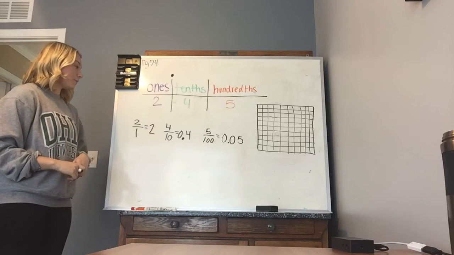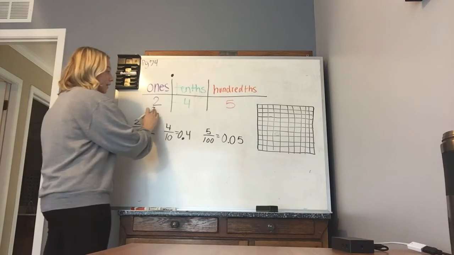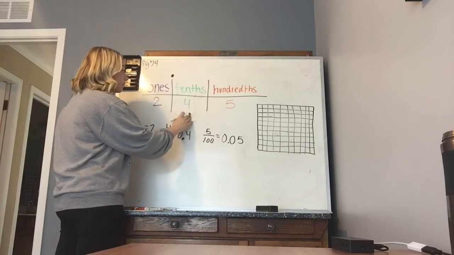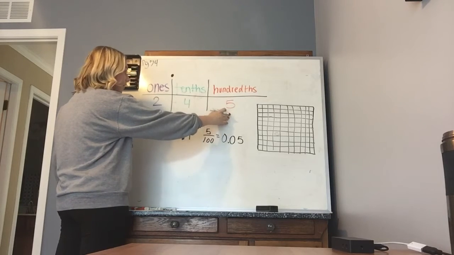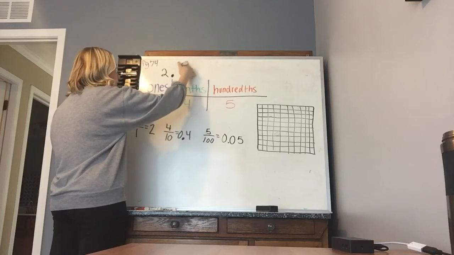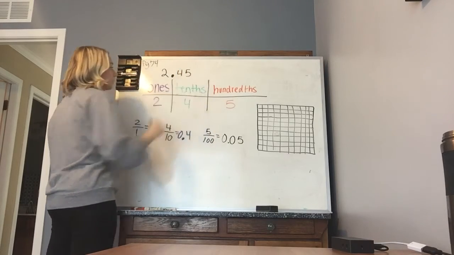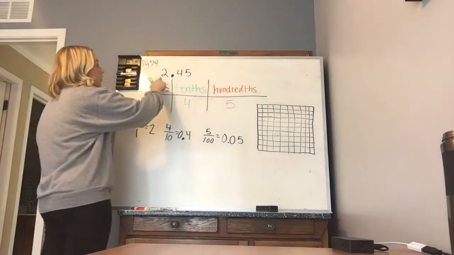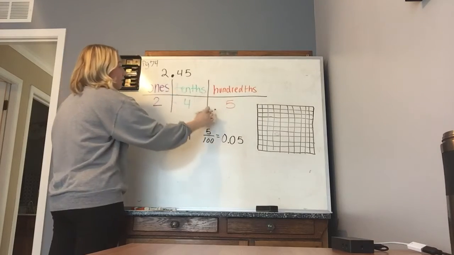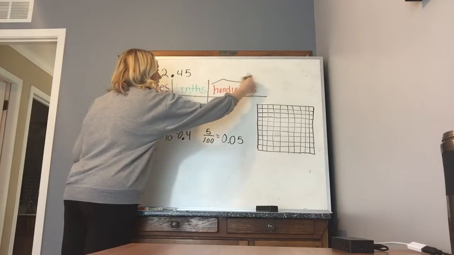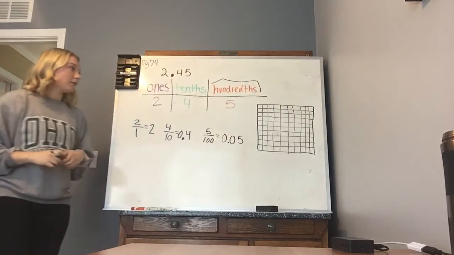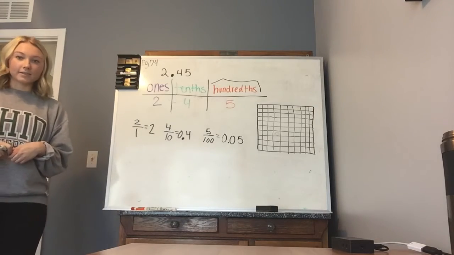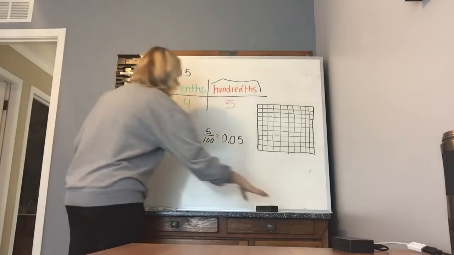Okay? And then this number, if there was 2 in the ones place, 4 in the tenths place, and 5 in the hundredths, it would be 2.45. We read this number as 2 and 45 hundredths, okay? All right, so let's move on.